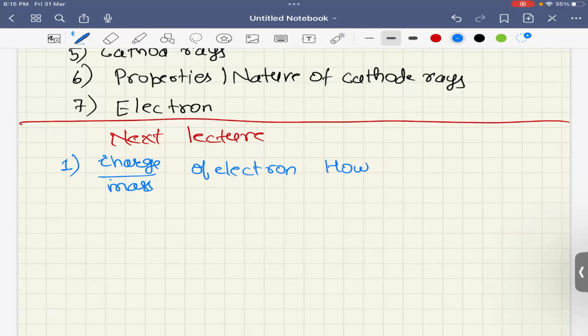How was it calculated? What is its value?